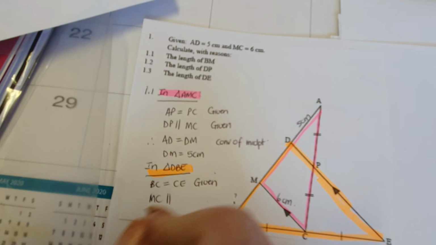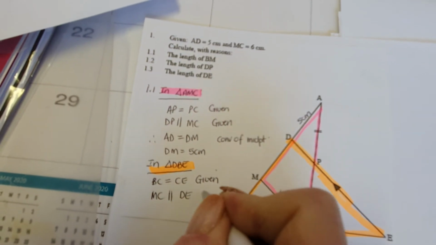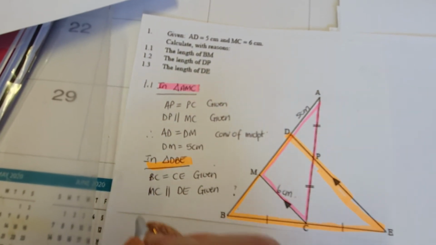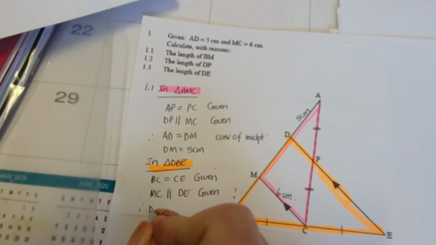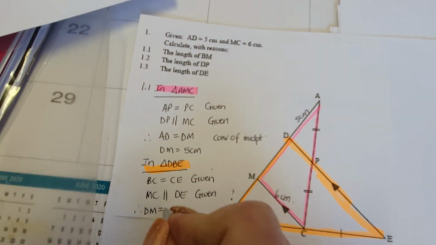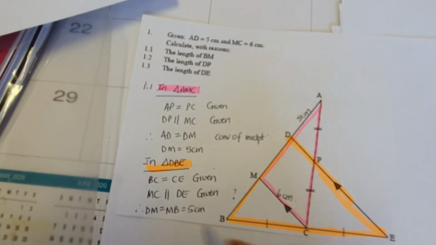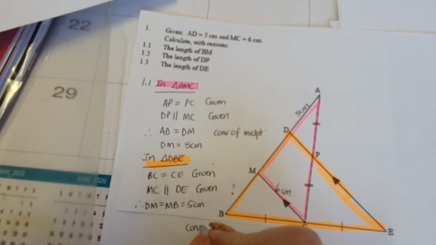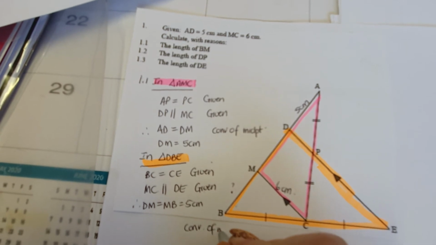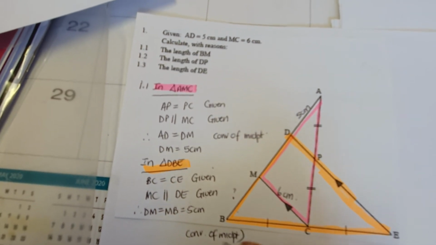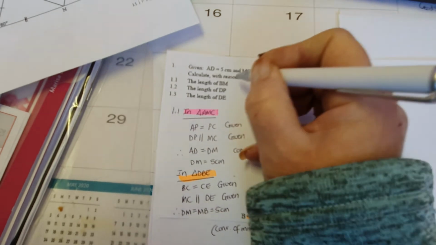MC is parallel to DE, that was given. And therefore, DM is the same as MB, which is 5 centimeters. And the reason you give is converse of midpoint. So that's our first one done.